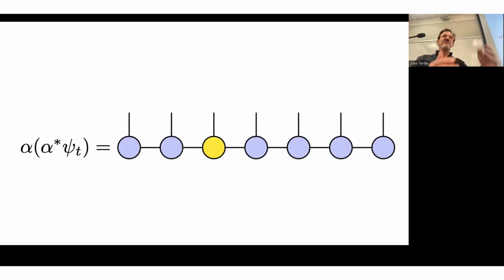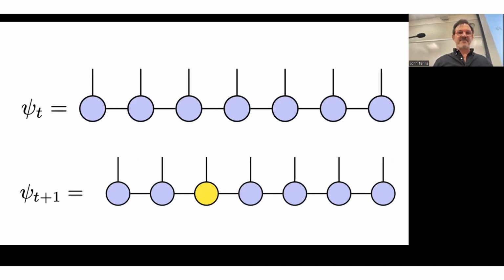When you do this to find the ground state of a Hamiltonian, there's usually a little gradient step here, but this is completely deterministic. So this was your psi t, and this is your psi t plus 1. And then what you do is you just iterate. You move to the next site and do it again. You move to the next site and do it again. And that gives you your sequence of matrix product states.